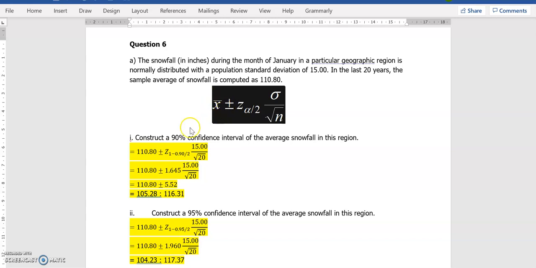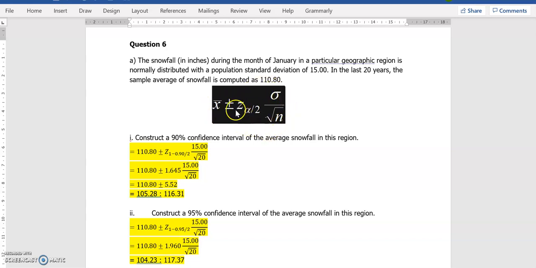So in this case, based on the question that we have, this X bar represents the sample mean. Our sample mean will become our point estimate. So that is the reason why in the first component of our interval estimate, we use the symbol X bar.